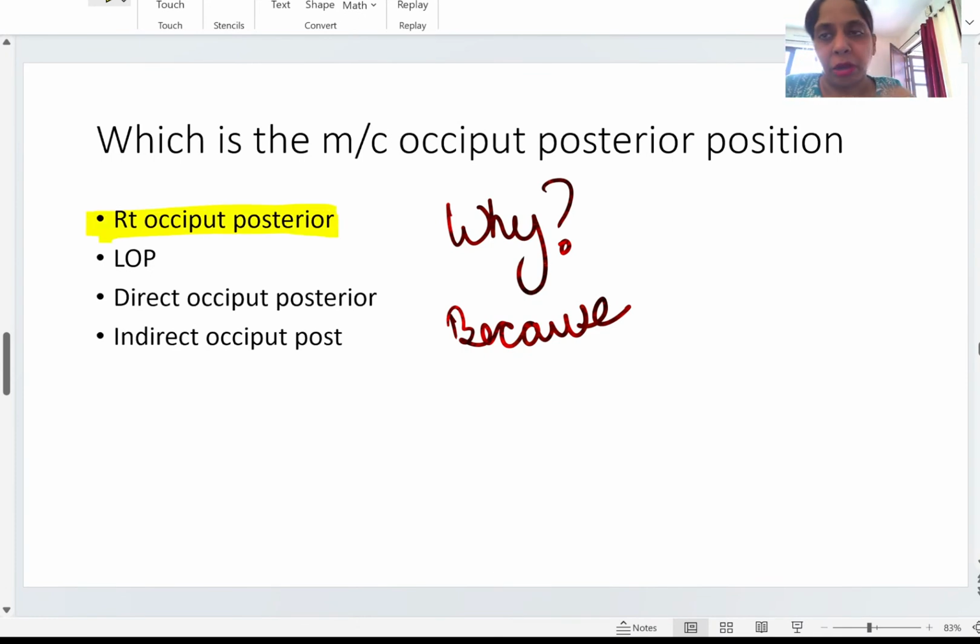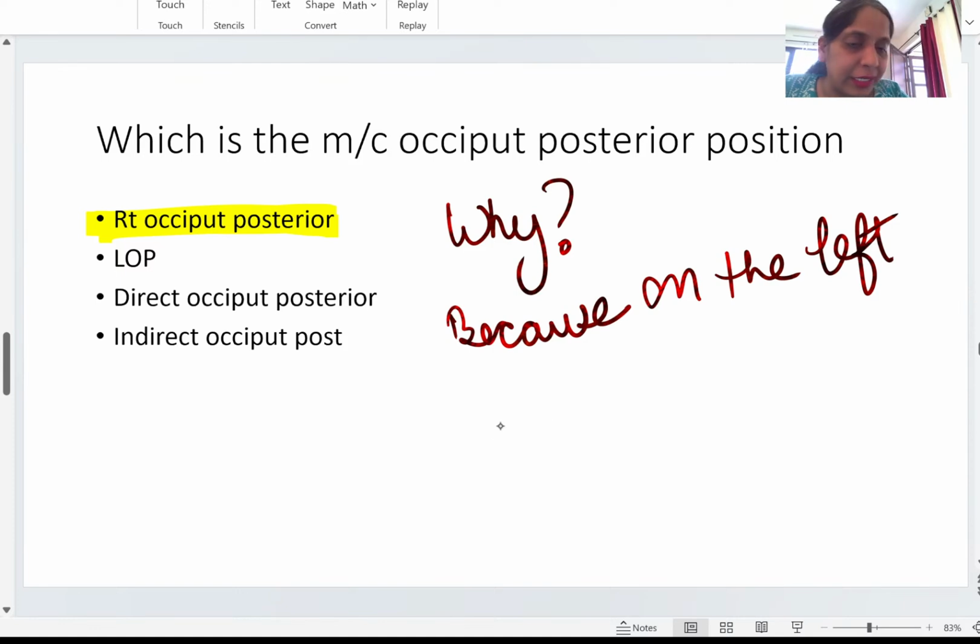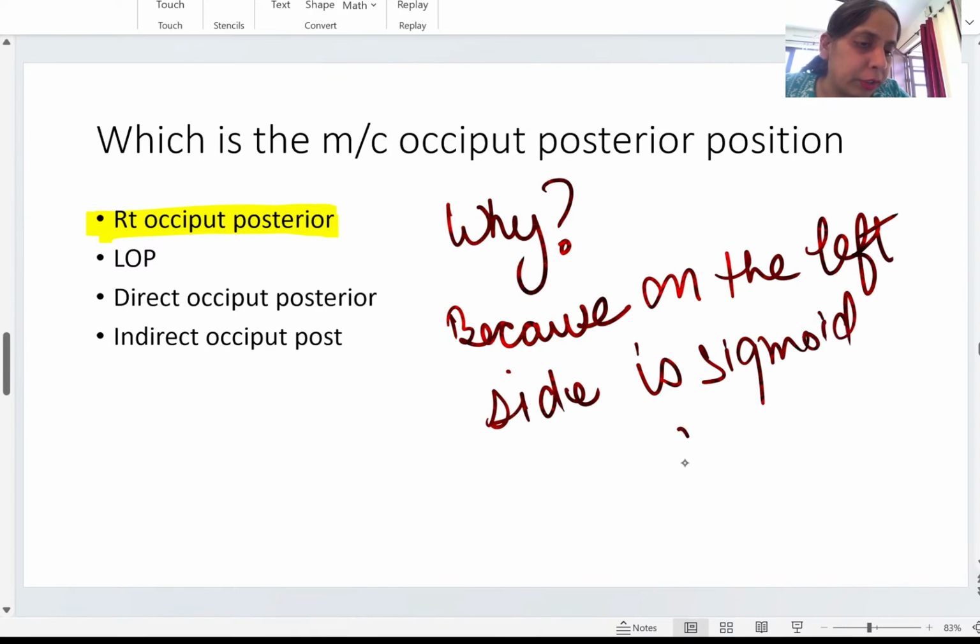Why? Because on the left side is the sigmoid colon. This is a PYQ of FMG.